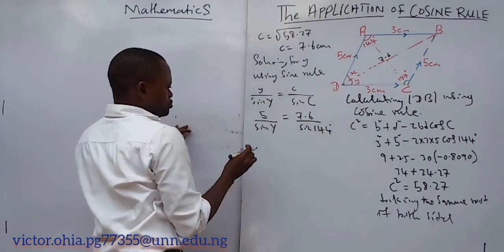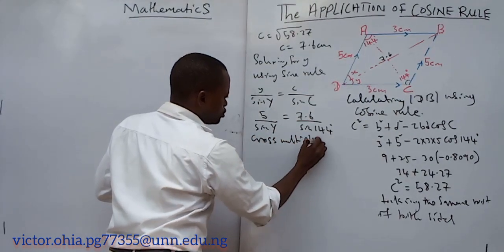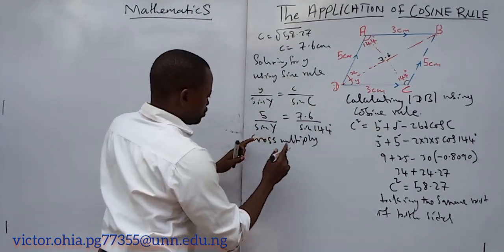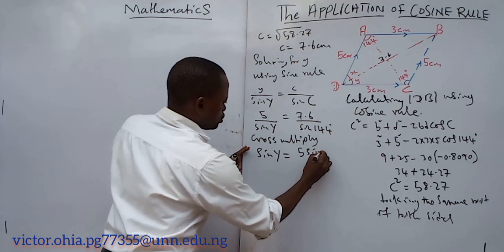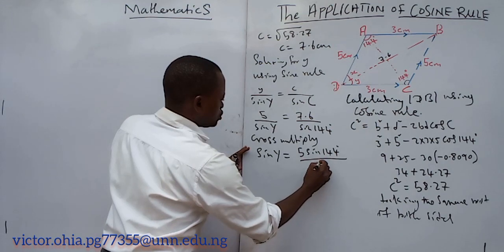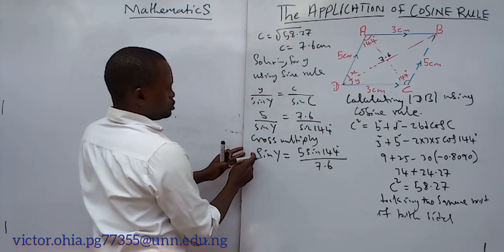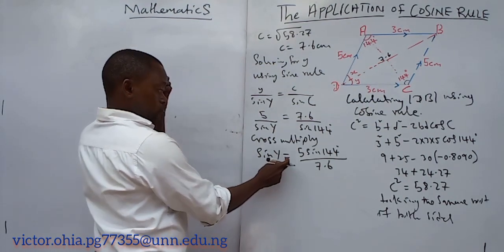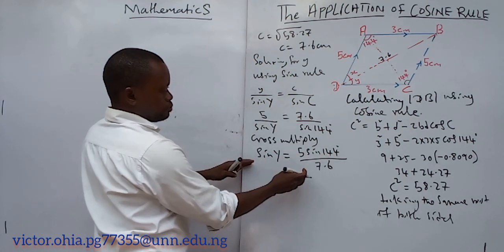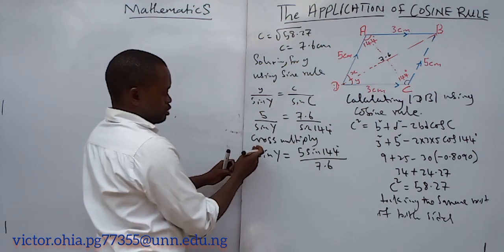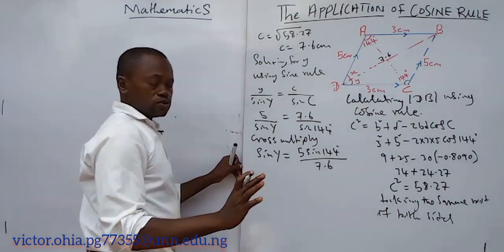Cross multiply, we will have sine y equals 5 sine 144 degrees over 7.6, because this times this, you have 7.6 sine y equals 5 sine 144. You divide both sides by 7.6, we cancel 7.6 over here and you have this over 7.6. I'm sure that explanation is clear.